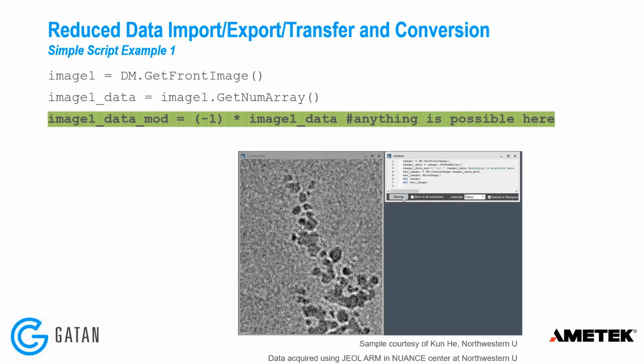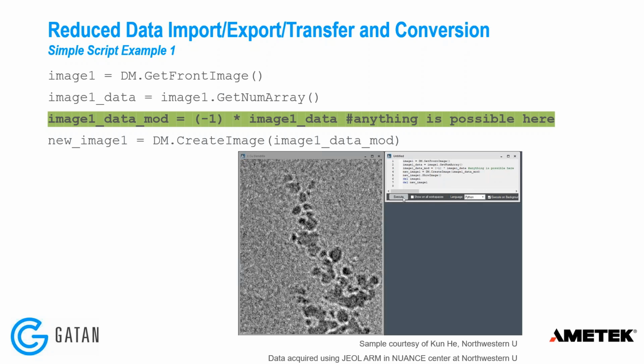So in this particular case, I'm just going to multiply the data by -1, and this will invert the contrast of my image. But really anything is possible here, and we could substitute any sort of processing into this script.